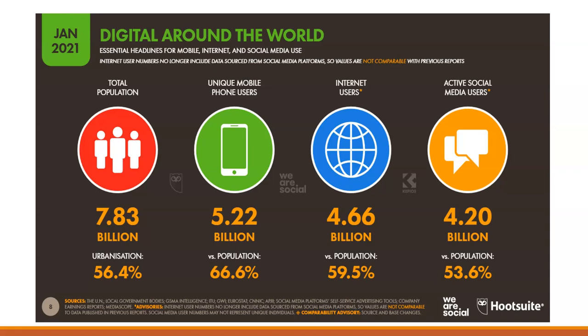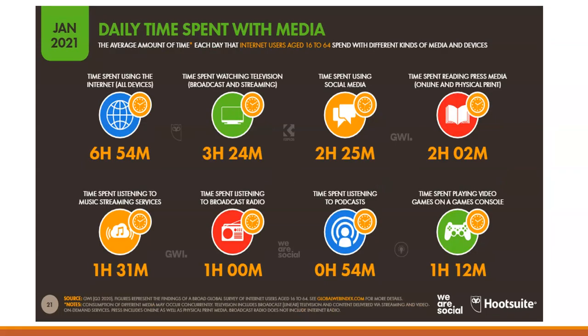Of those, internet users are 4.6 billion, and active social media users are 4.2 billion. And of course, we also have to think about those first chapters where we talked about how there are over 5,000 social media tools available for mobile users to utilize, depending on what country they're in and what they're interested in.